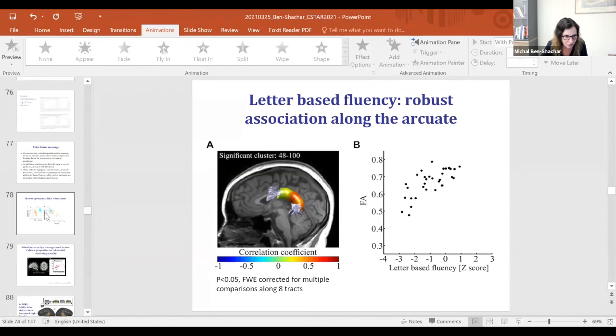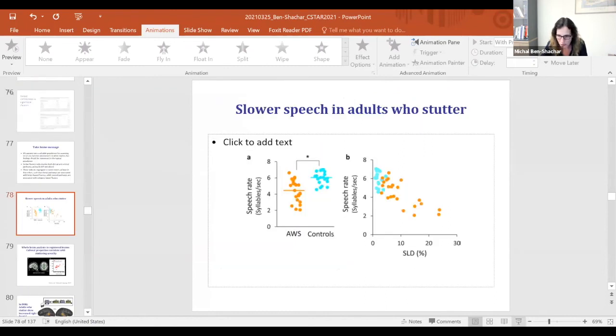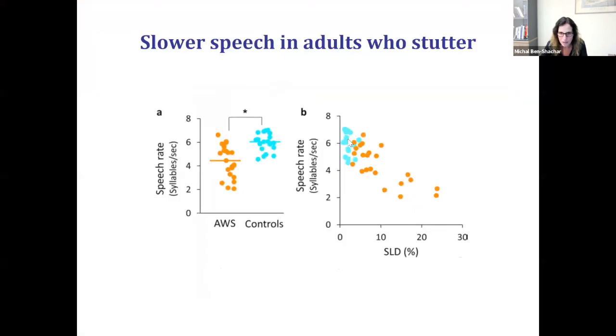Yes, they differ on speech rate, of course, as you suggest. Because these are adults who stutter, their speech rate is slightly lower than the controls, and there's also an association with severity that you can see when you look at speech rate in relation to the percent SLD.